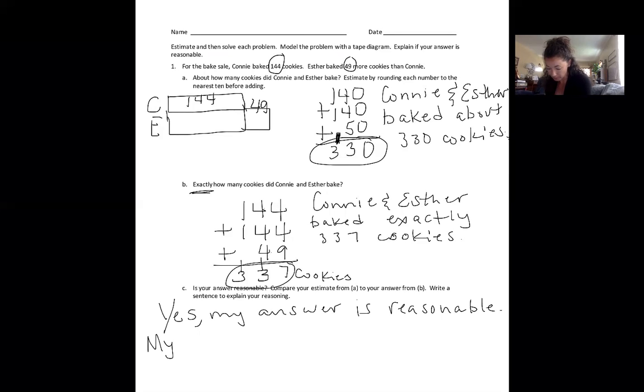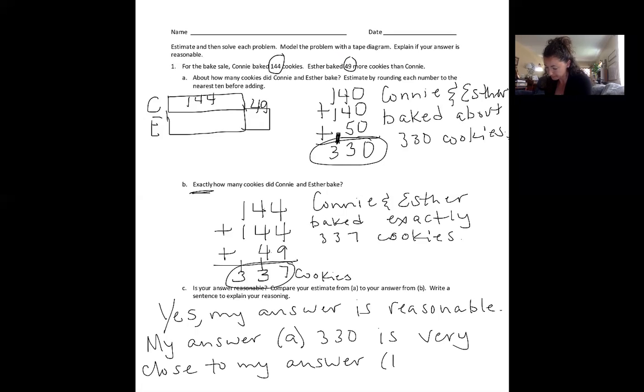My answer A, which was 330, is very close to my answer B, which was 337. Okay, yes, my answer is reasonable. My answer A, 330, is very close to my answer B, 337.